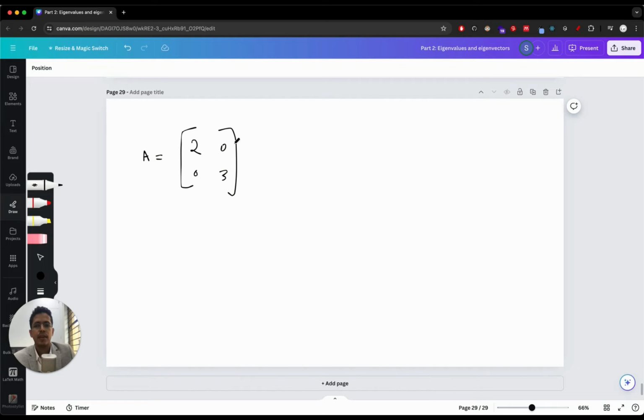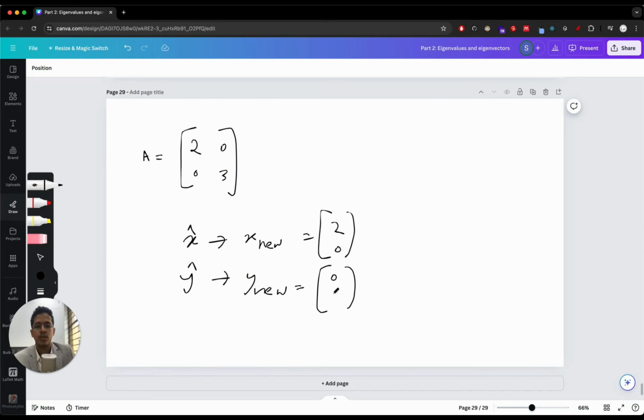If this is what the matrix looks like, then the transformation happening is x hat will become x new, which is equal to 2, 0, and y hat will become y new, equal to 0, 3. So do you see what's happening? x new is 2 times x hat, and y new is 3 times y hat.